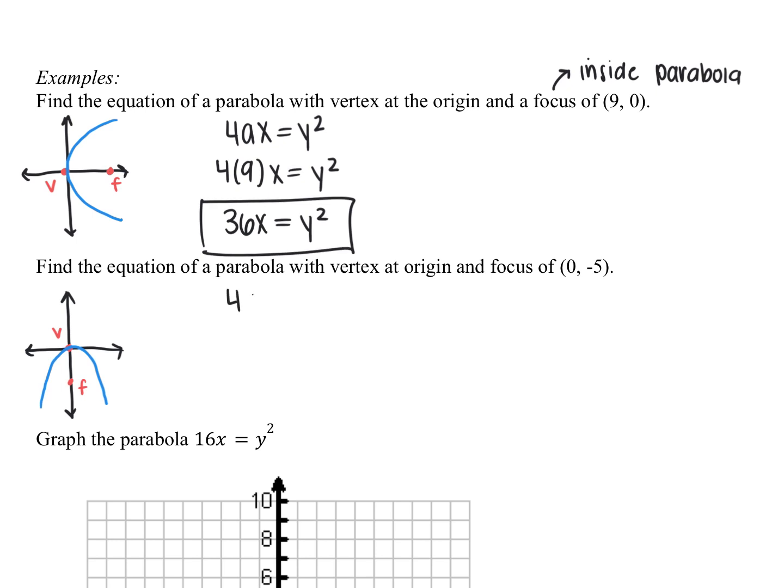So we're going to be using the equation 4ay equals x squared. Because it's opening down, a is going to be negative. So the distance from my vertex to my focus is 5, but I do want to indicate that I am going down by a negative. So it becomes 4 times negative 5y equals x squared, which becomes negative 20y equals x squared.